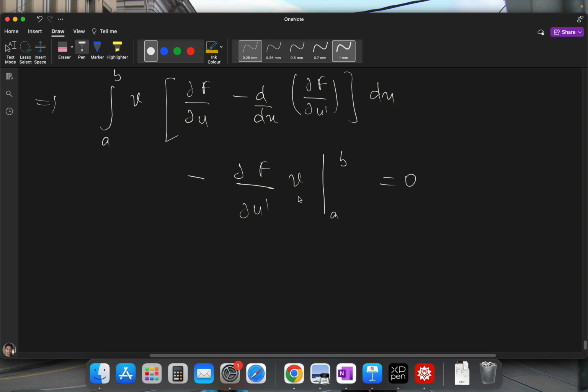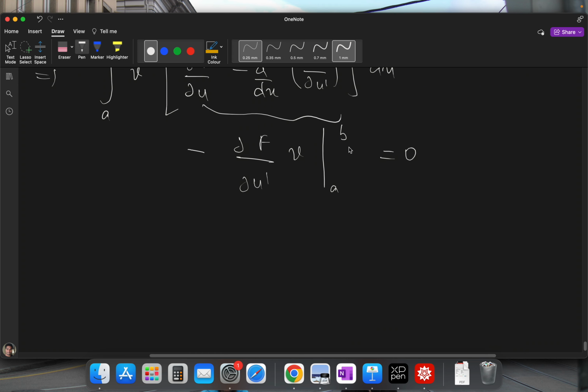And what is the end condition? When vb and va both are 0. In that case this term will vanish, it will be 0. And since we are taking v as any arbitrary function, this integrand becomes 0, then we get the Euler-Lagrange equation. This is nothing but the Euler-Lagrange equation.